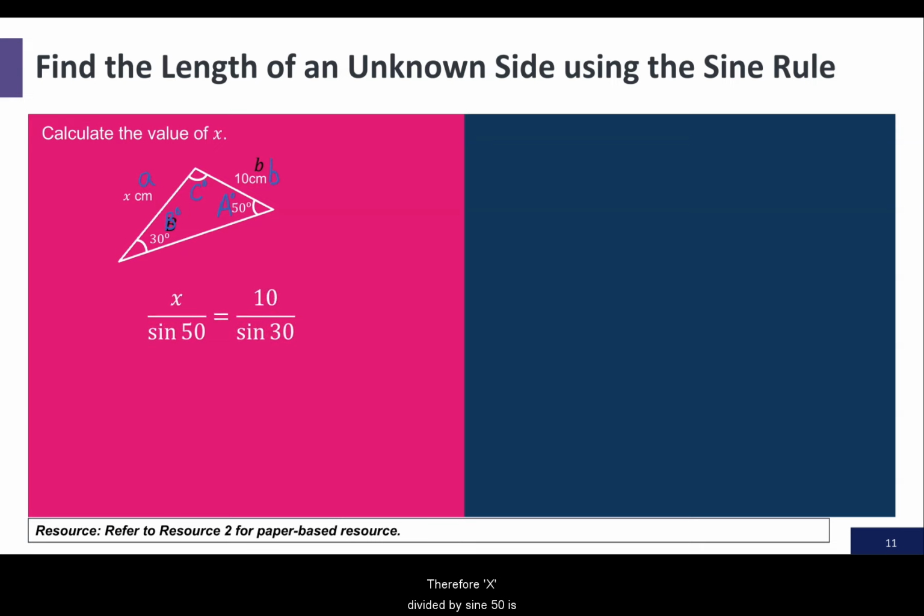Therefore, x divided by sine 50 is equal to 10 over sine 30. And what we'd like to do is get x equals. So all we need to do is multiply both sides by sine 50. Notice the sine 50 has become a numerator here.